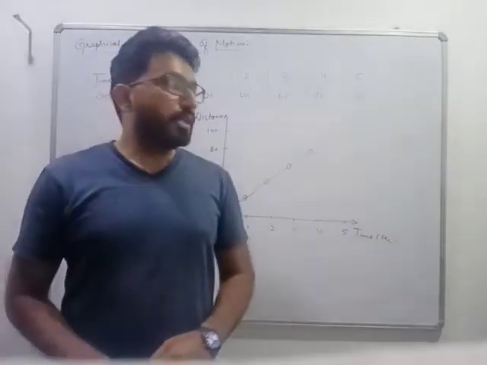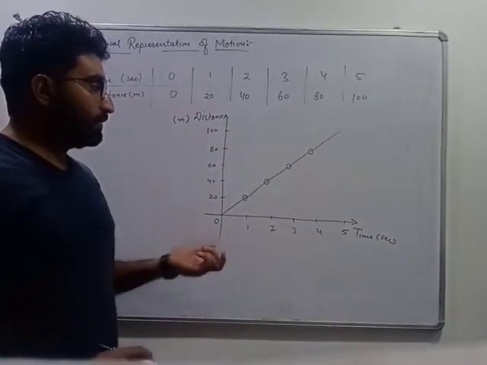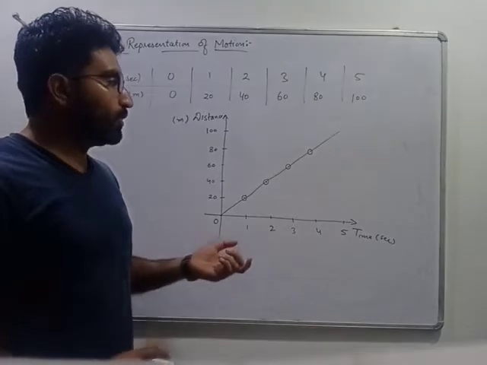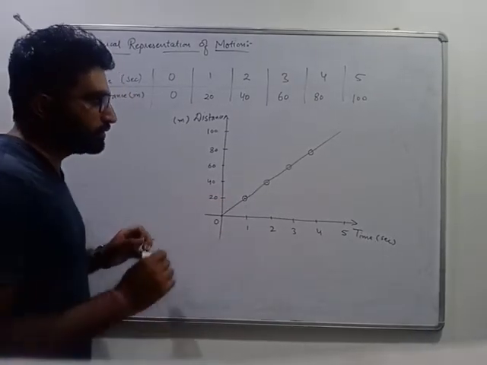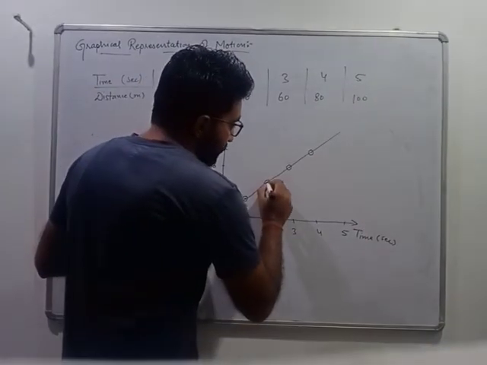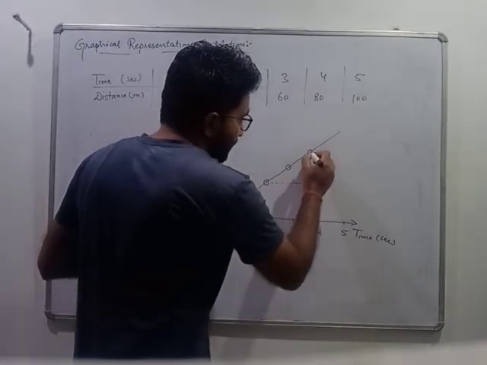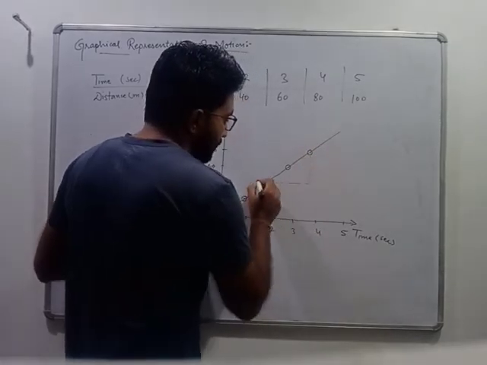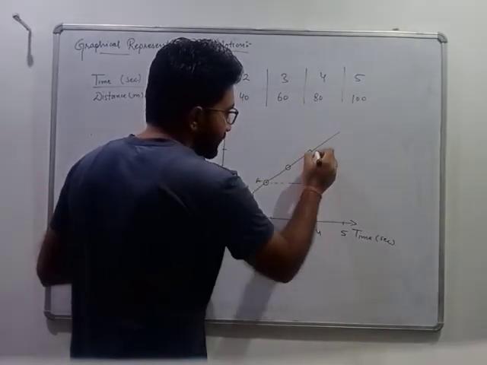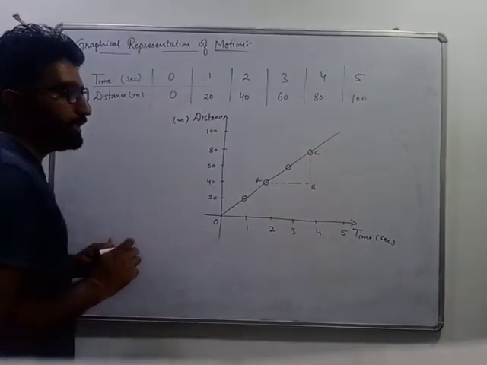Okay, now we will see what the slope of the distance time graph represents. For finding the slope, we make a right angle triangle ABC.